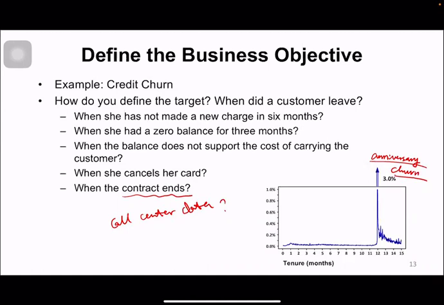And some people may use the call center data. I mean, call center data, people call to churn. That means they are going to churn, right? They just inform the credit card company that they are going to cancel their card.